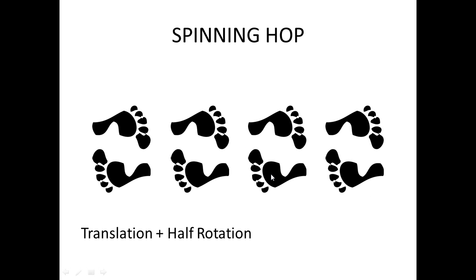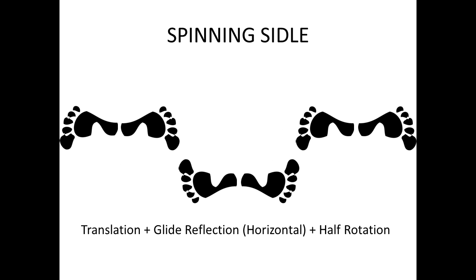You have a spinning hop, which is a translation and then a half rotation back, and a translation and a half rotation back. Then there's a spinning sidle, so you have a translation plus a glide reflection plus a half rotation, and you get this pattern, and it looks like someone's hopping back and forth, but while they're spinning and keeping their feet pointing outwards.